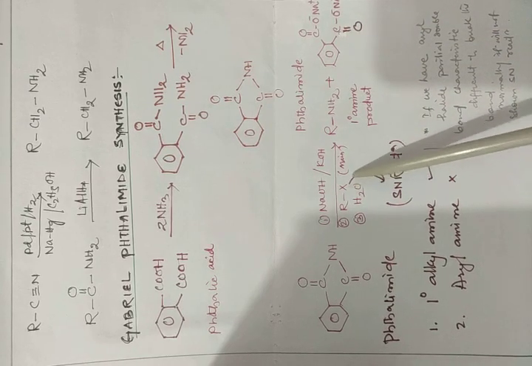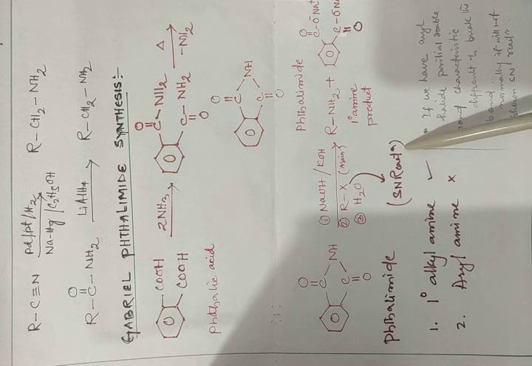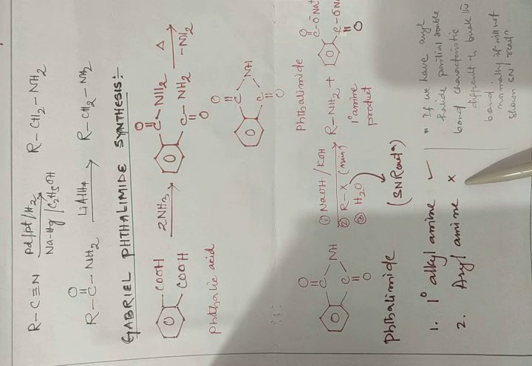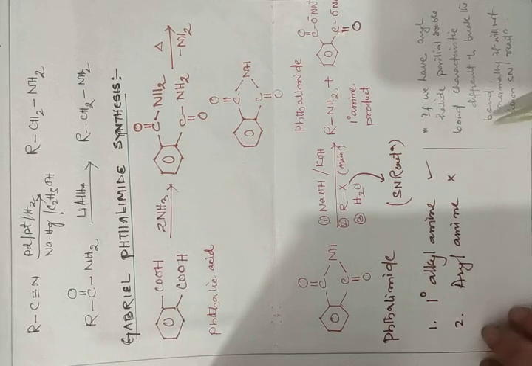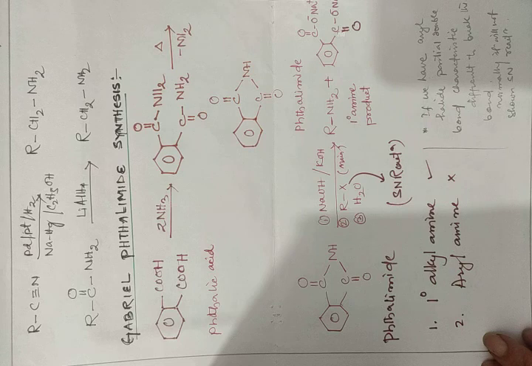If we are using alkyl halide, then the reaction is an SN2 reaction. Only primary alkyl amines can be made, not aryl amines. If we have aryl halide, the partial double bond character makes it difficult to break the bond, so normally it will not show an SN reaction.